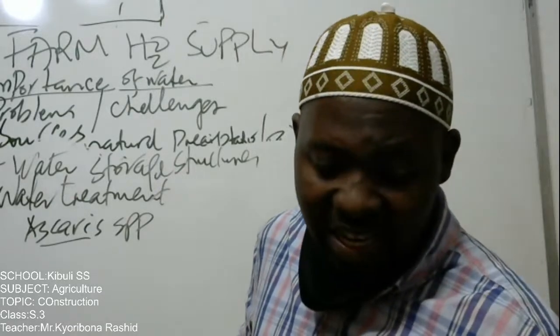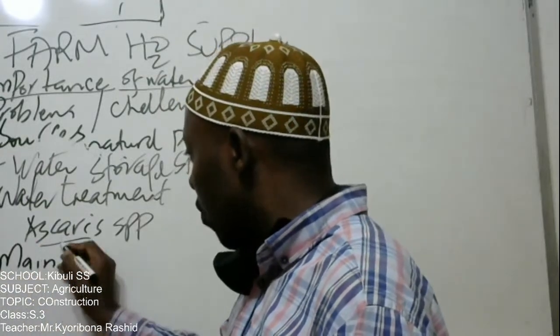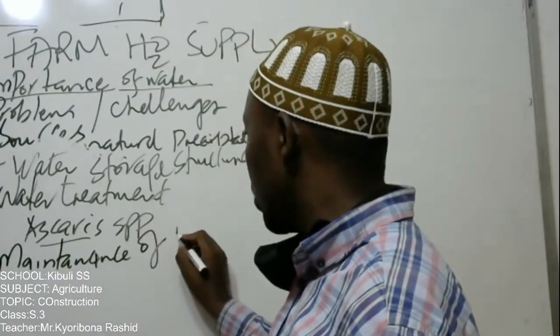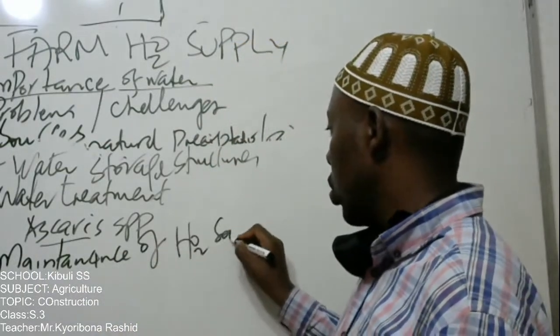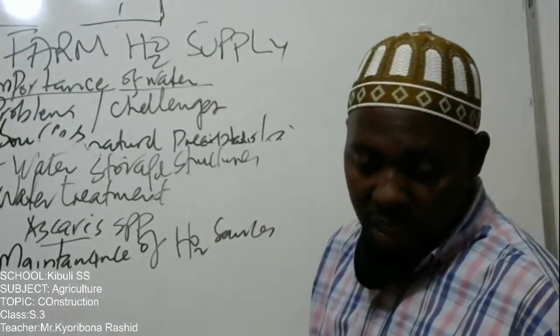How can we maintain these water sources? So the other thing is maintenance of what? Of water sources. Maintenance of water sources. So you have to know it under this heading of water supply. How do we maintain them?